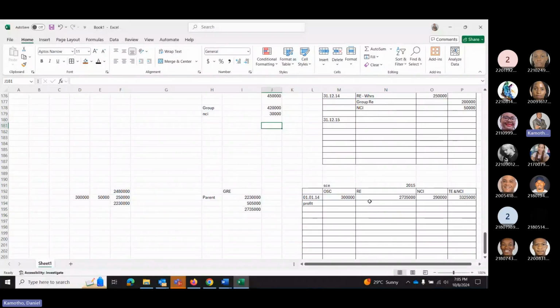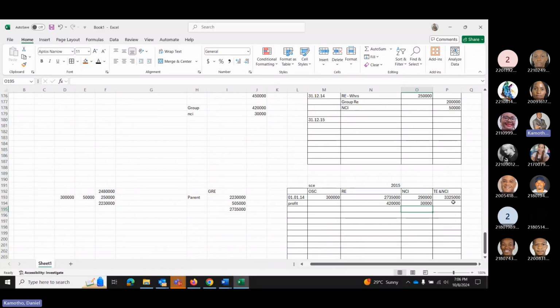So the profit for the year, we can bring what the group is having, and also take what NCI is getting as a share of 25%. If we do the total profit for the year, it is 450 shared between group and NCI.